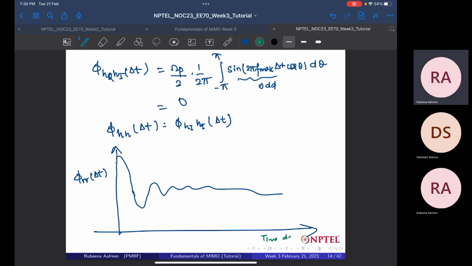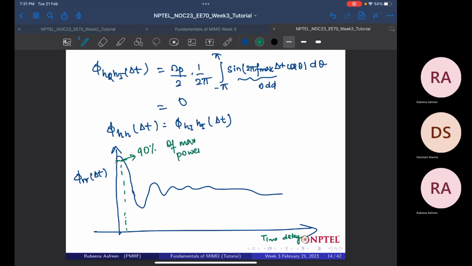This axis is time delay. At the time when the signal reaches 90% of the maximum power, that is called the coherence time. Now we will see why coherence time is very important. Why are we studying all this?